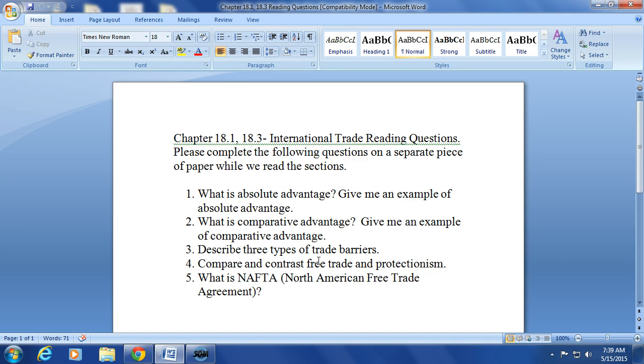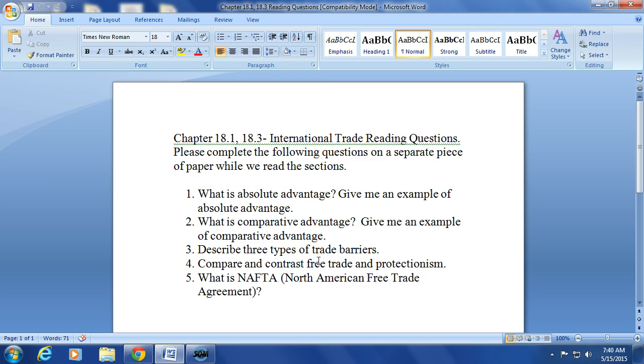There are 3 different types. The first one is a tariff. A tariff is a tax on imports. The second one, if you turn the page and go to 440, is a quota, also called an import quota, which sets a limit on the amount of imports coming into a nation.